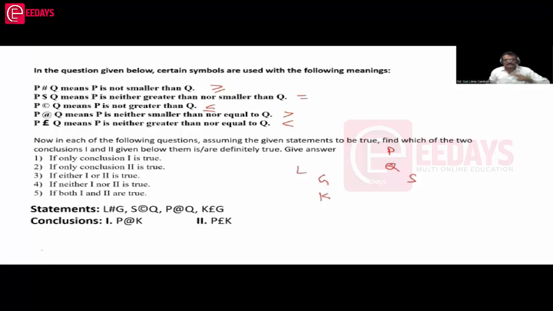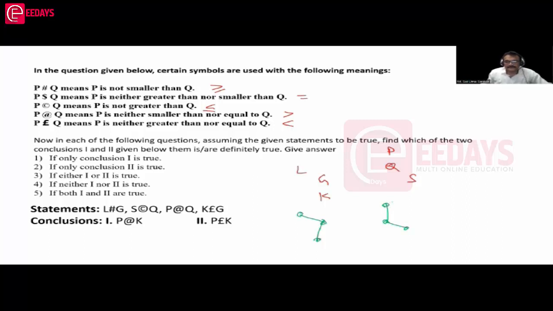Okay, now if you observe, what about the positions? Like this, like this. Okay, so here this is the L and this is the G and this is the K, P, Q. Yes, there is a vertical line between G and K, L and K, P and Q, P and S. Remember that. Now what is the first one? P at the rate Q. At the rate means greater than.